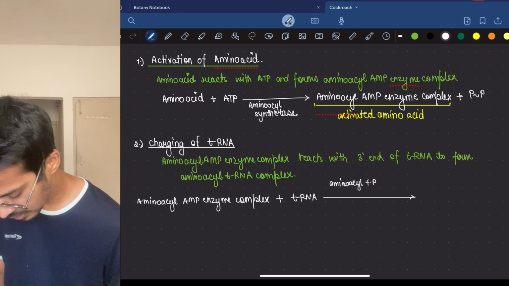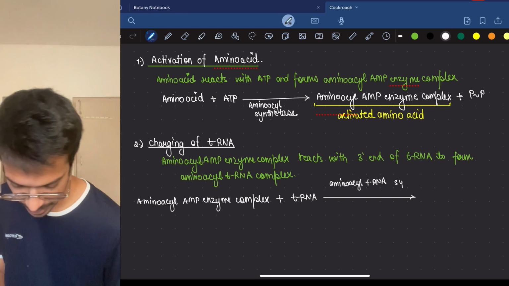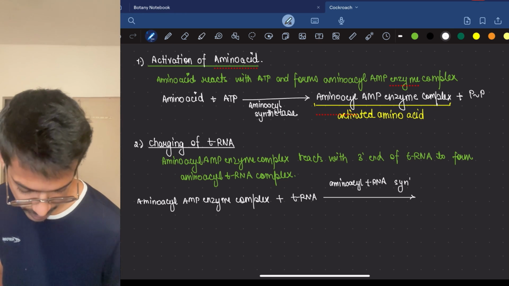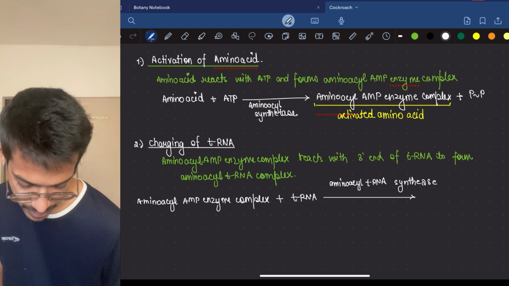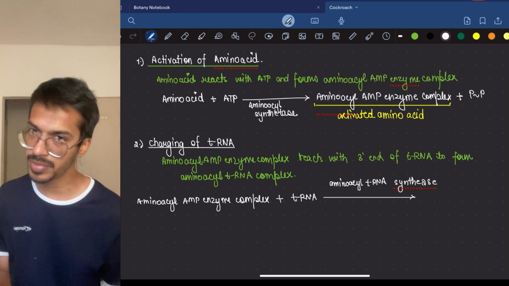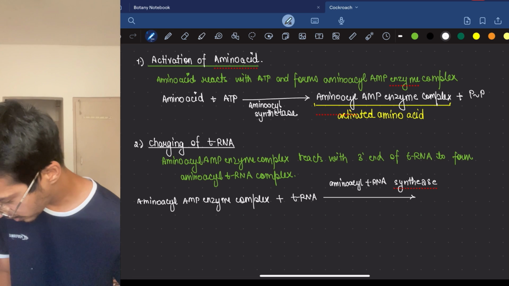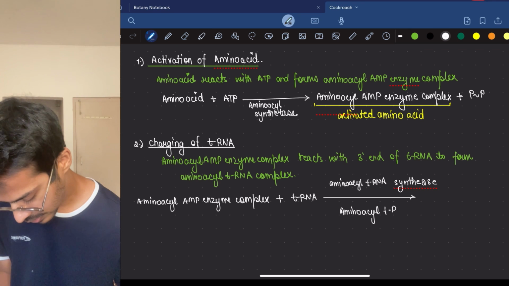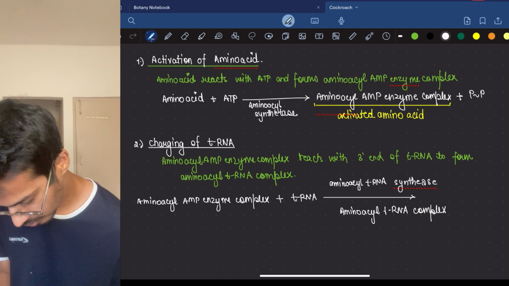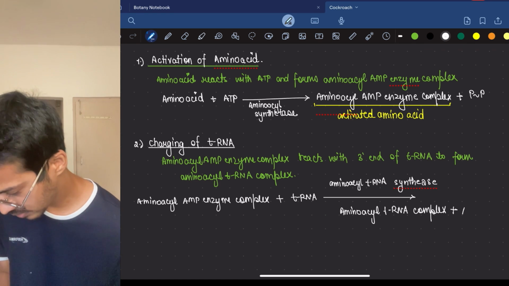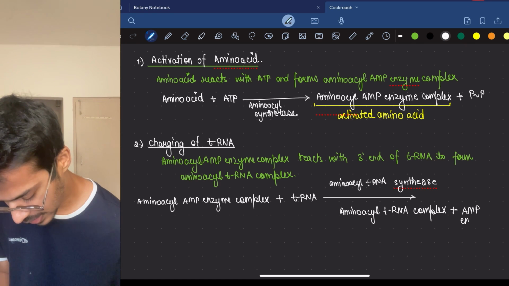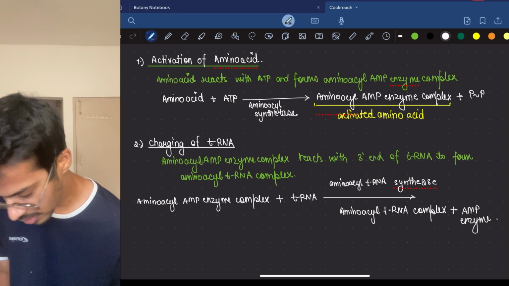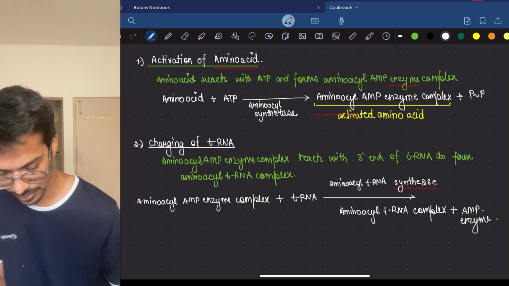Aminoacyl tRNA synthetase. Just tRNA, what has been added to it? What it forms? It forms aminoacyl tRNA complex plus AMP enzyme, that will be outside.